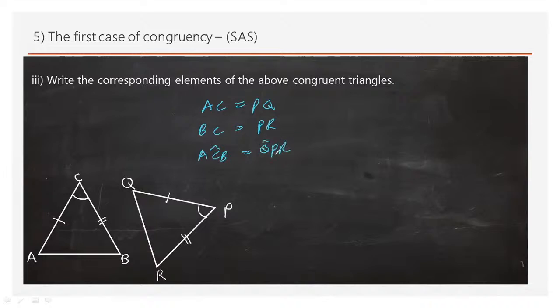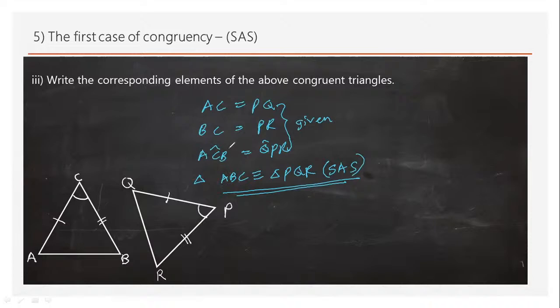So we mentioned the reason so that we show that triangle ABC is congruent to triangle PQR. These are all given information, right? Then triangle ABC is congruent to triangle PQR, situation: side, angle, side. That's what we mentioned in the earlier slide. So now we want to show what the corresponding elements are.